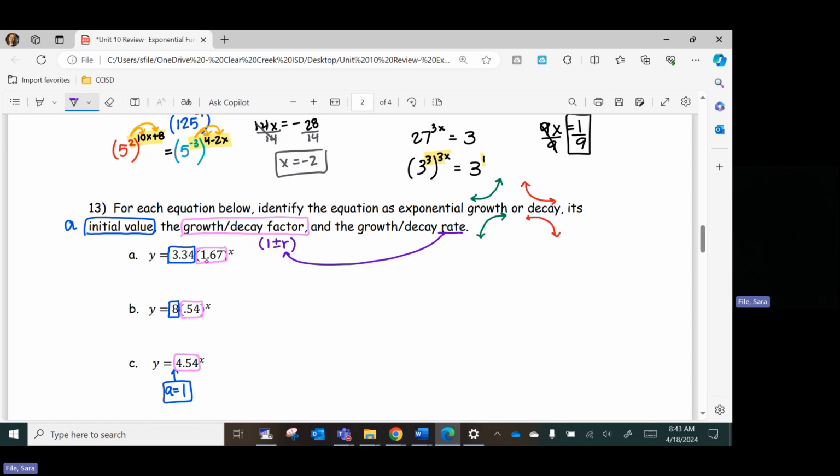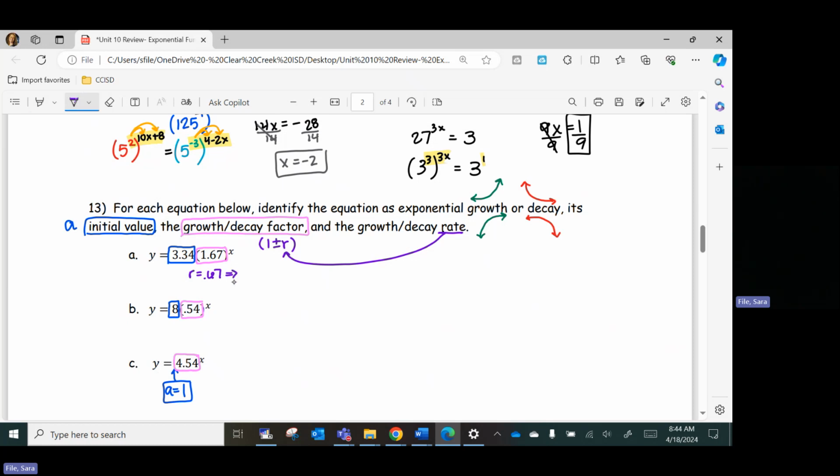So if I subtracted 1 here, what do I get? I have 1.67. 0.67. Now, if they ask for it as a decimal, great. But if they're asking for it as a rate, that typically means they want it as a percent.